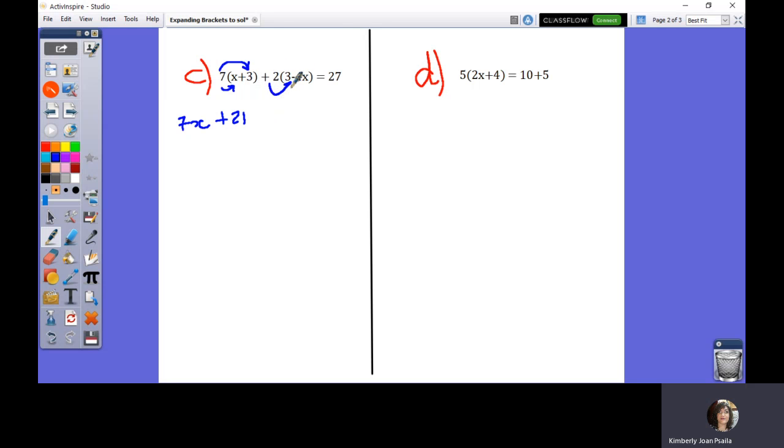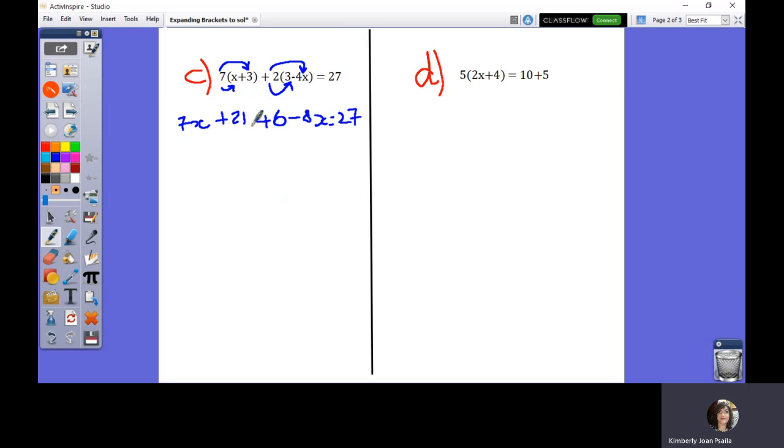So we have plus 2 multiplied by 3 gives us positive 6, and plus 2 multiplied by negative 4x, so 2 times 4 gives us 8. Here we have plus and minus gives us minus 8x, which is equal to 27.